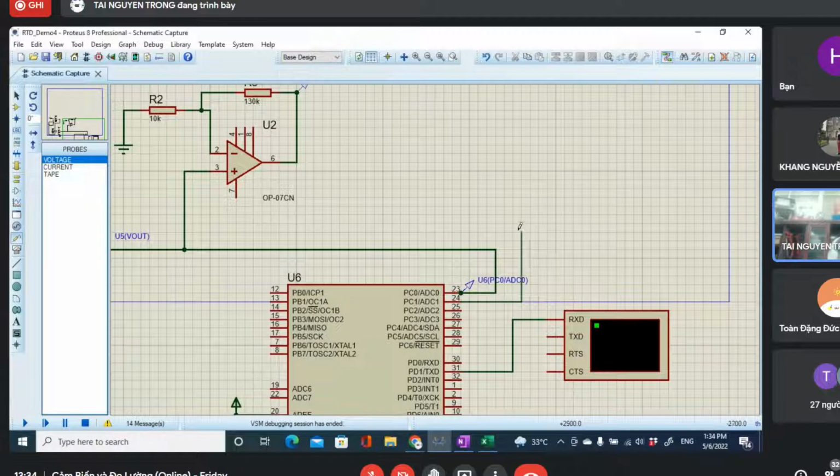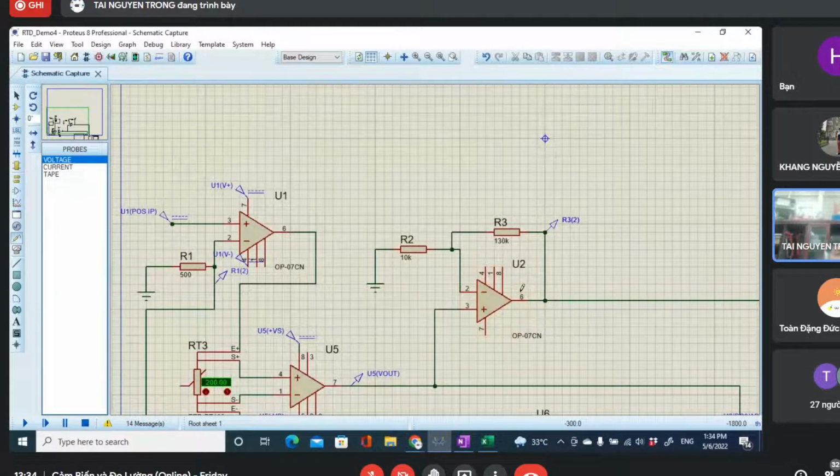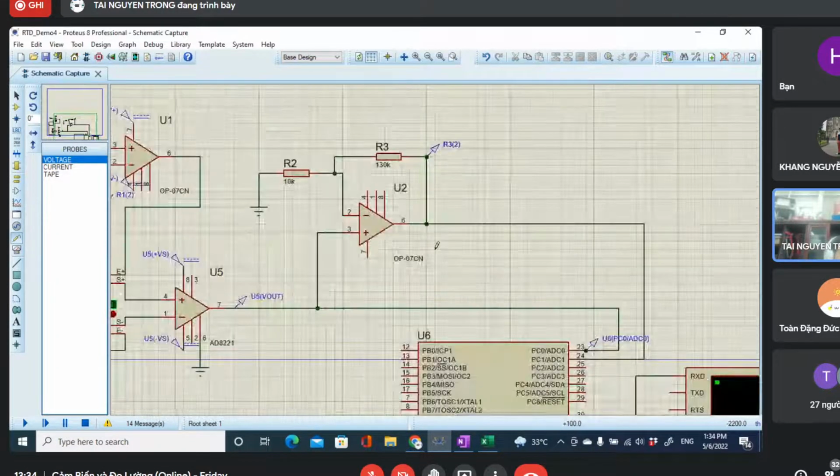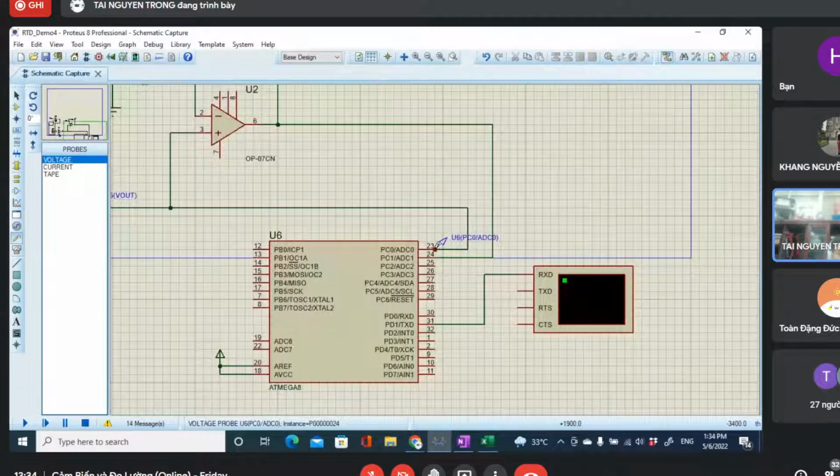This is the output of the amplifier circuit. Then we will test programming for the microcontroller to calculate temperature.